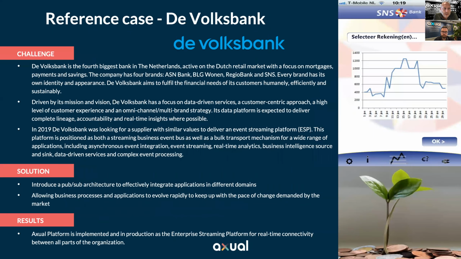The second case is the Volksbank, which is the fourth biggest bank in the Netherlands. They operate under a number of labels, amongst which ASN, Regiobank, and SNS Bank.